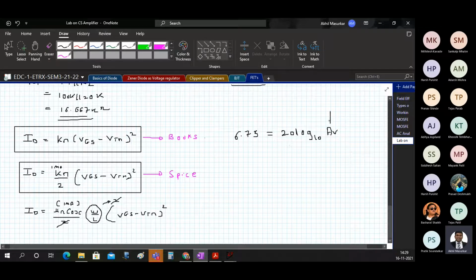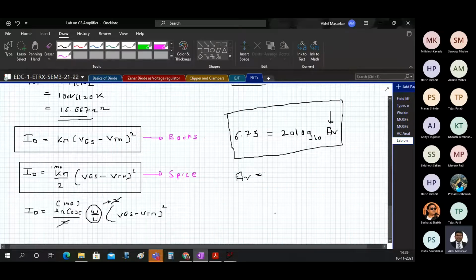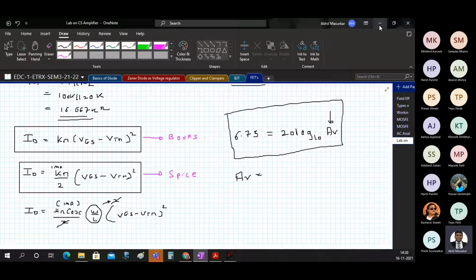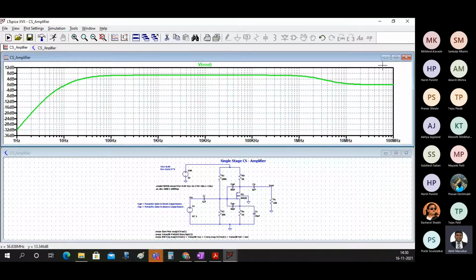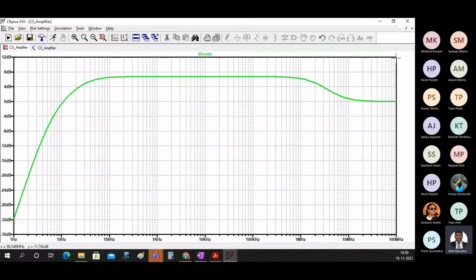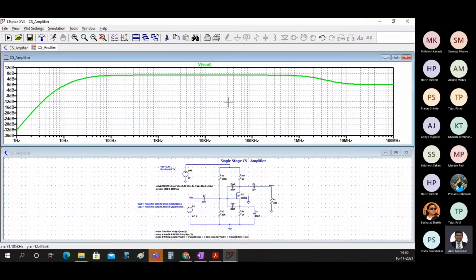So can you tell me what is the value of AV? Solve this and tell me what is the value of AV. Yes, what is the value of AV? So it should come to 2.1 something.